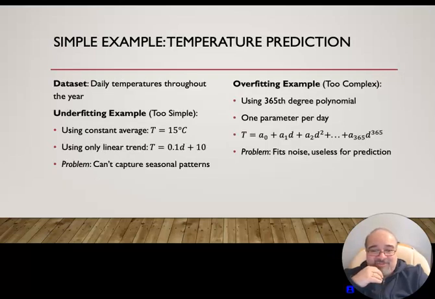So here's a simple example with temperature prediction that might help in this case. The temperature example basically shows how different levels of complexity affect model performance. If you had a constant or a linear model, it's going to be too simple to capture seasonal variations, but a very high degree polynomial might perfectly fit the training data, but it won't generalize.